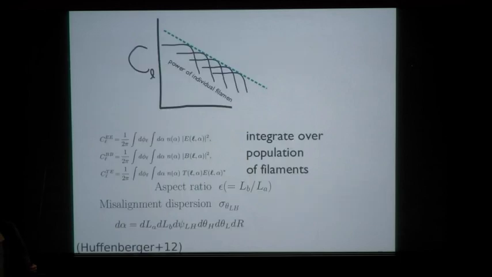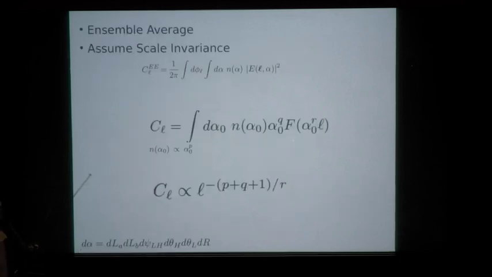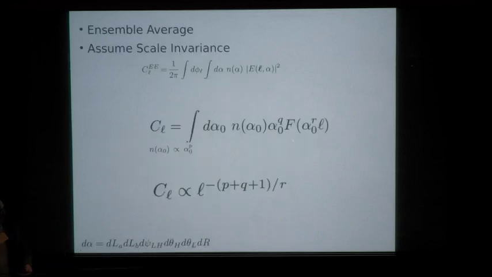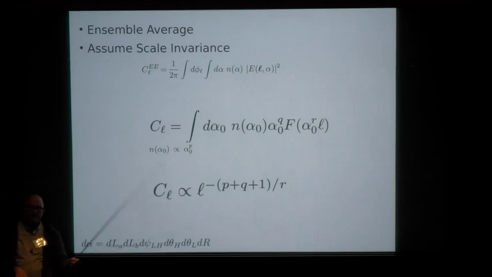So I can parameterize my sky as an ensemble of filaments of various length. The things that are important are the long axis and the short axis of the filament, the plane of the sky polarization angle psi, and the line of sight orientation of the filament and the magnetic field.